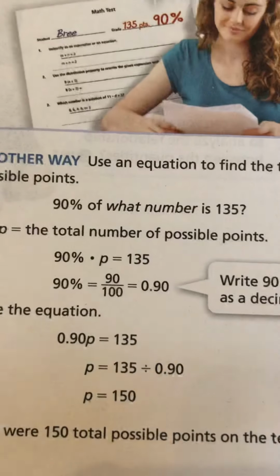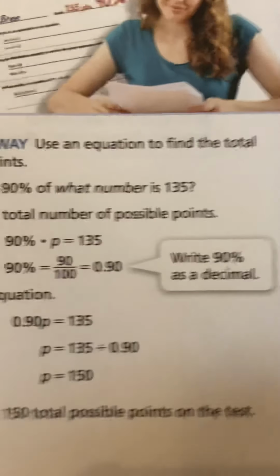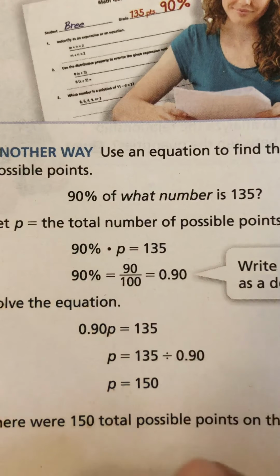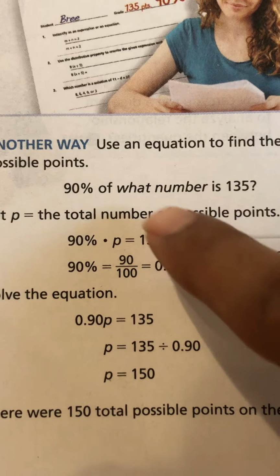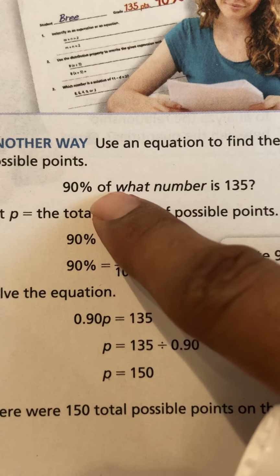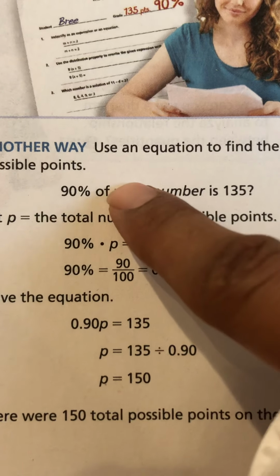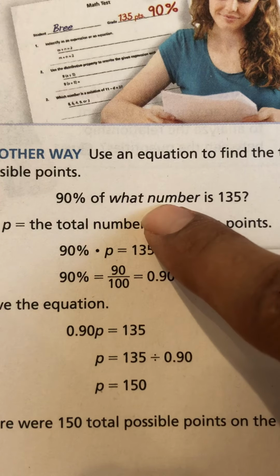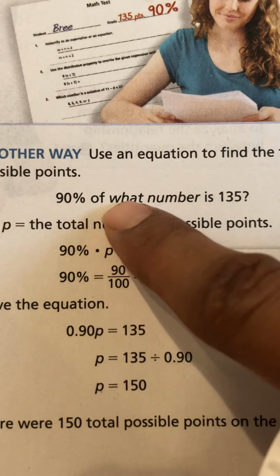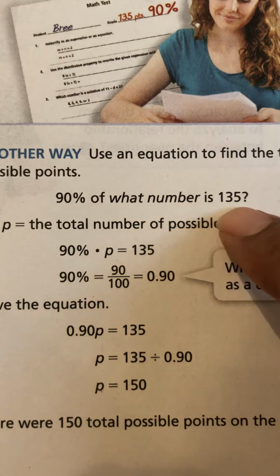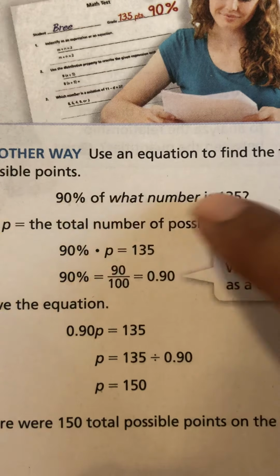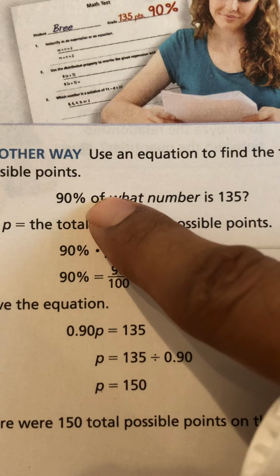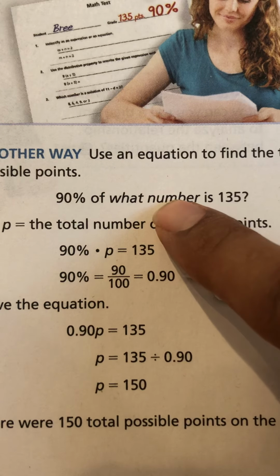So if you notice, right here, I'm going to point something out. 90%, so there's another way to rewrite this question. 90% of what number? The what number represents the total. So 90% of some big total is 135. So these two are your parts. So remember, of, when it's in between a percent and another number, it means to multiply.